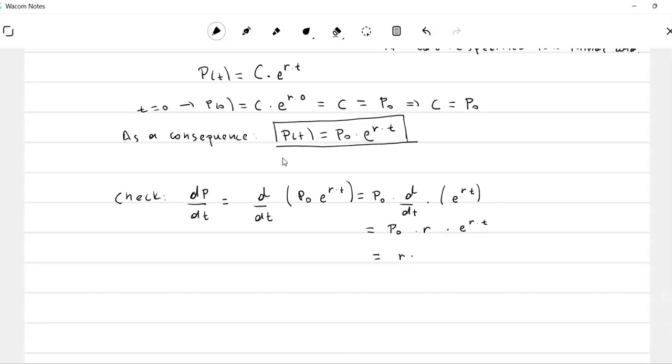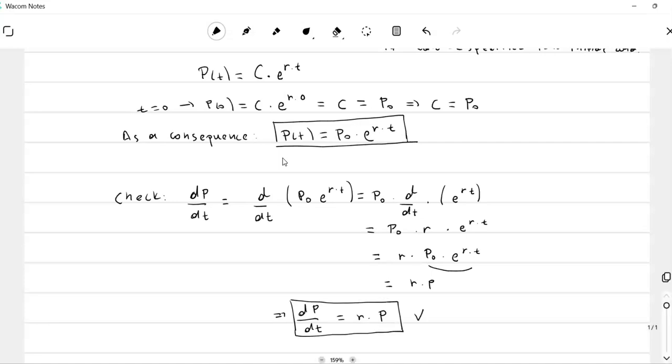So this is r times p0 times e to the power of r times t. So this part is p, r times p. So I obtain that dp over dt is r times p. So this is satisfied, and I check p0. p evaluated at 0 is p0 times e to the power of r times 0. So this is p0.